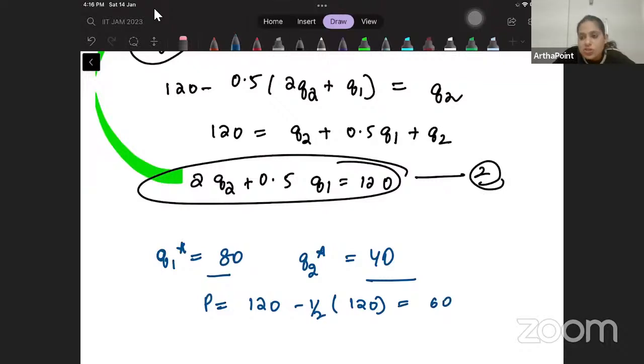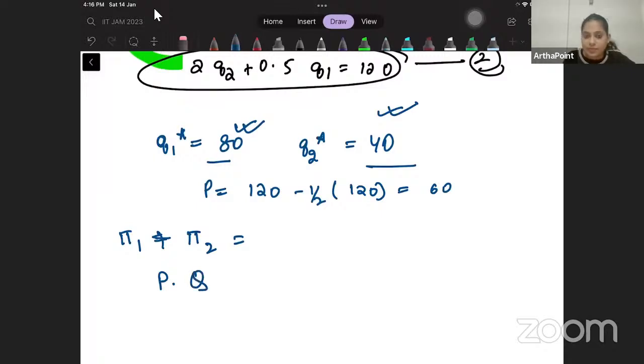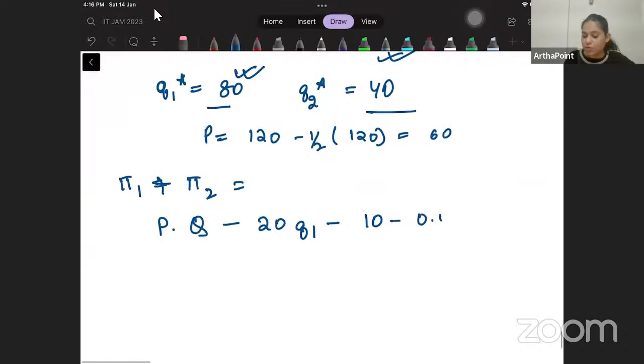Now just find the profits of the firm. So profit of firm 1 plus profit of firm 2 will be price into total quantity. Ek 80 bech raha hai, ek 40. So price into total quantity minus cost of firm 1 was 20 Q1 minus cost of firm 2 was 10 plus 0.5 Q2 square.